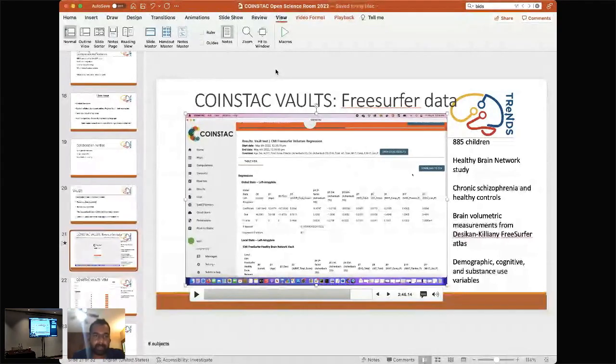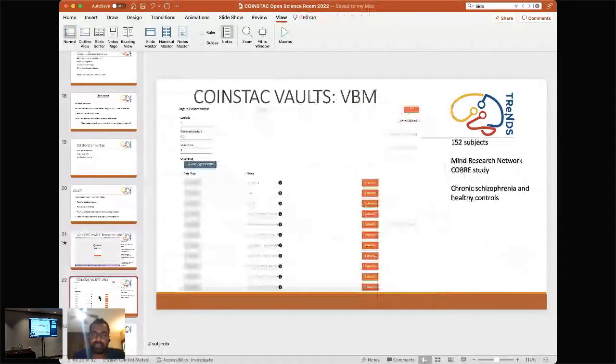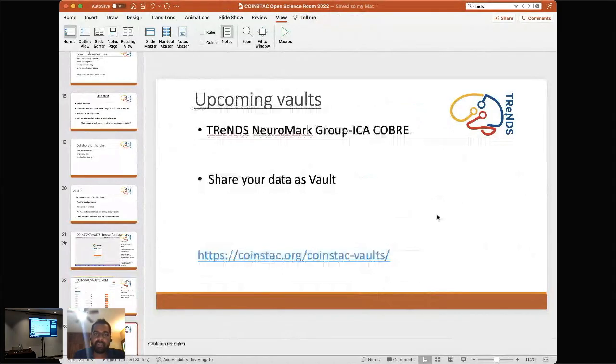So we have another vault also that we added. It's structural MRI data that is processed through the VBM pipeline, and it's about 152 subjects. And these are all the cognitive measurements that we have for that data. And in the future, we are going to also have another vault on which users can run the group ICA.